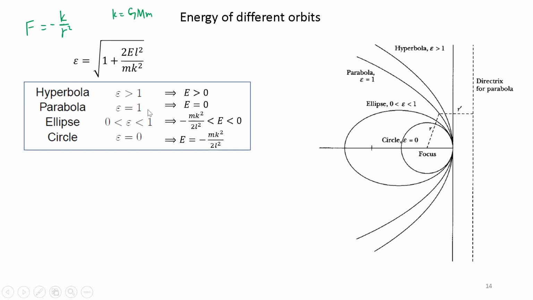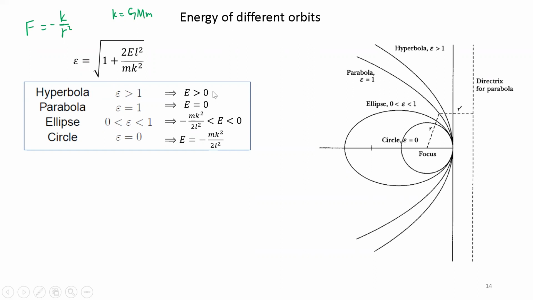In that case, I want this whole term to be greater than 0. All the other terms must be positive, with this L squared, K squared, and so forth. So the only thing that may be positive or negative is this E. That is to say, if you want a hyperbola orbit, you are required to have the total energy of the particle greater than 0.